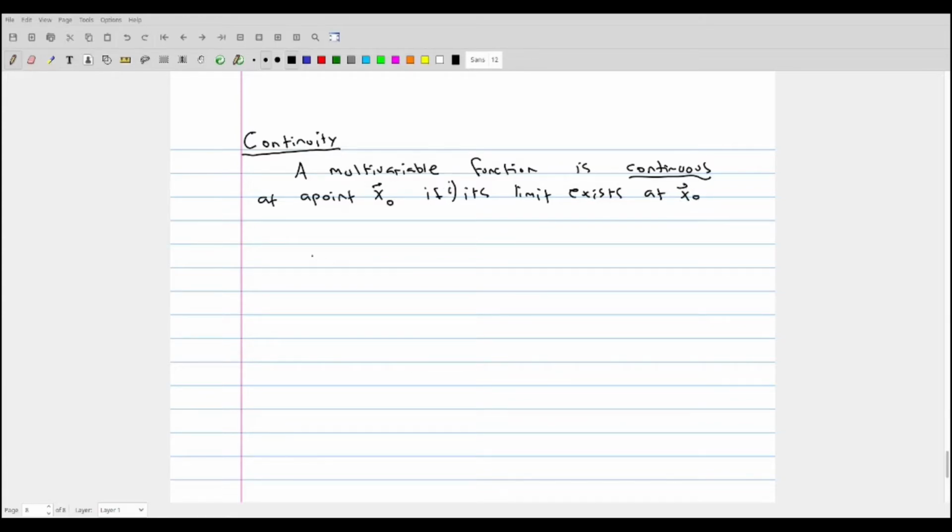That's the first thing that has to be true, and we also have to have that the value of the function is equal to the limit at the point.